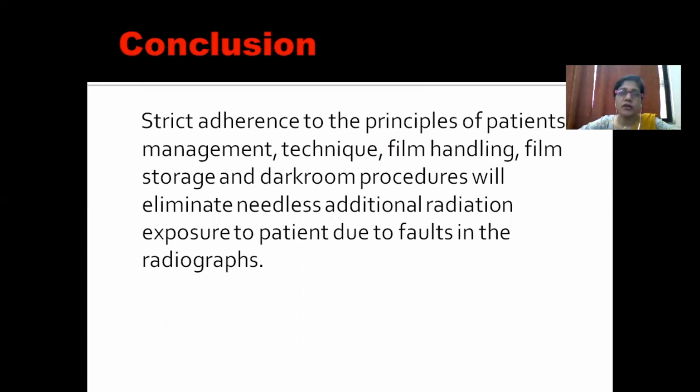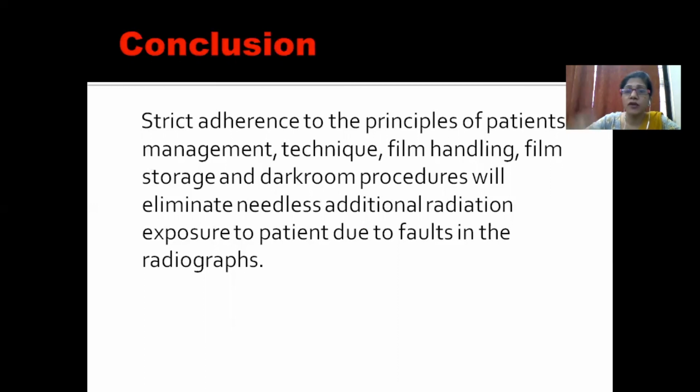So to conclude, strict adherence to the principles of patient management, technique, film handling, film storage, and darkroom procedures will eliminate needless additional radiation exposure to the patient due to faults in the radiograph. Our aim is to get an accurate diagnostic radiograph, and we can get that if our radiograph does not have any faults.